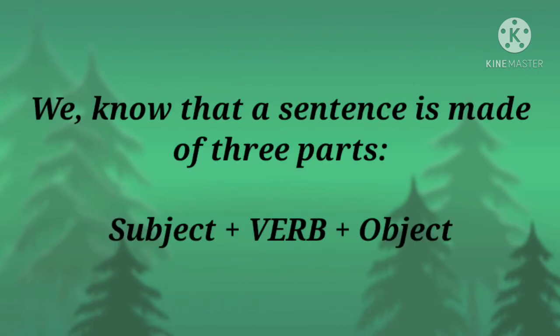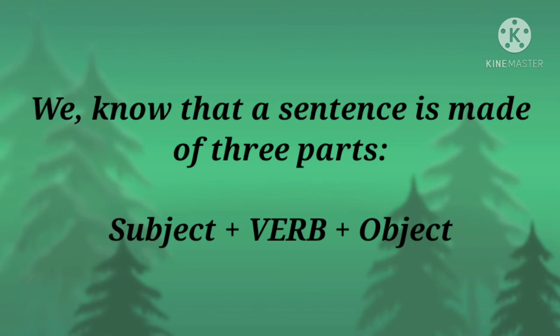We know that a sentence is made of three parts, that is the subject, verb, and the object. Now, the verb is the word which tells us what the subject is trying to do. The subject also can be singular or plural.